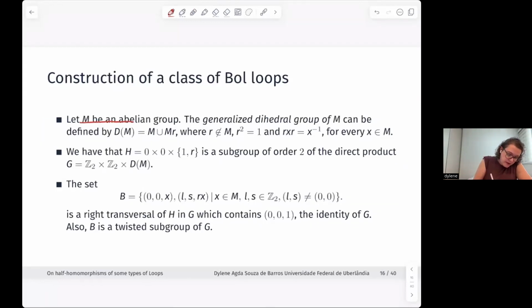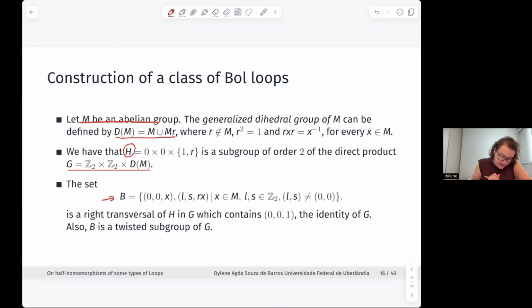Okay, so let's construct the group G. We start with an abelian group M, and construct the generalized dihedral group of M, Dih(M), and take G as the direct product of Z2, Z2, and Dih(M), okay? And we choose H as this subgroup. So those are all the ingredients that we have.